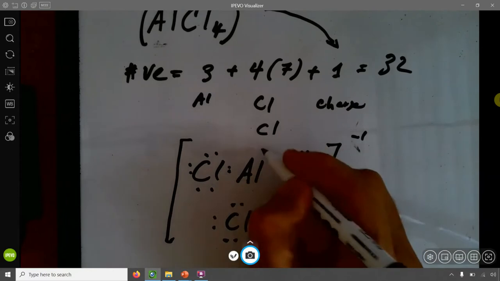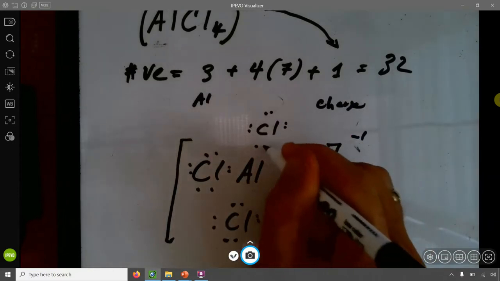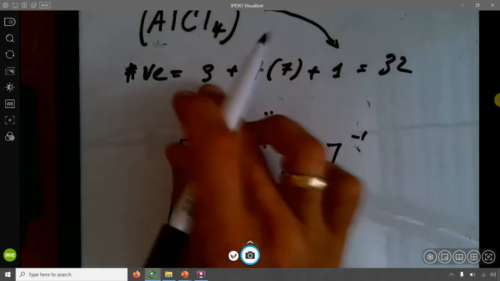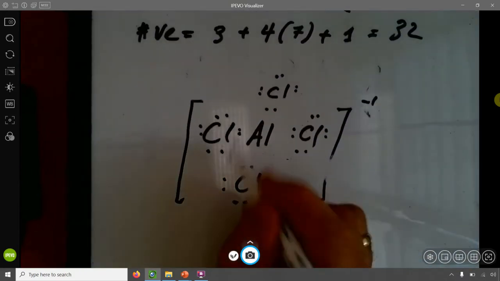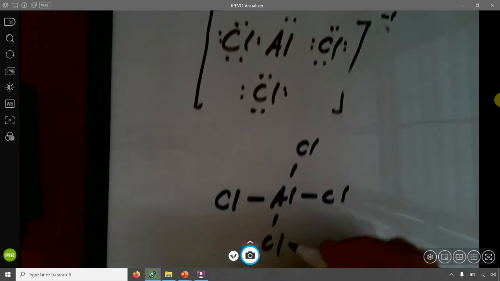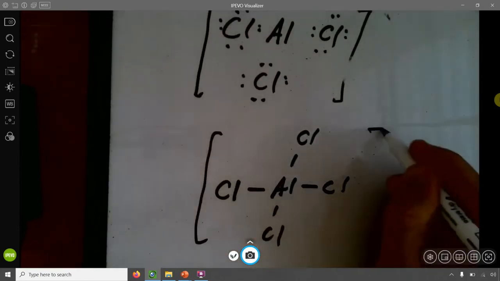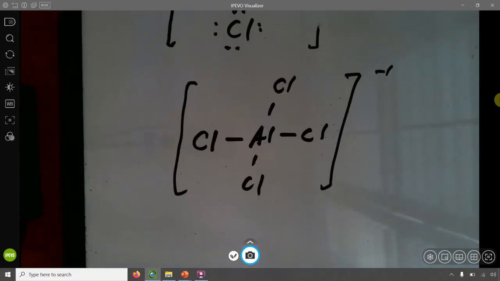Cl. 1, 2, 3, 4, 5, 6, 7, 8. Okay, so I actually distributed all 32, so it's done. So aluminum has 8, chlorines all have 8, and so this actually looks like this: Cl, Al, Cl, Cl, Cl, like this. And this whole thing is in brackets, like that. Okay, now to determine the VSEPR stuff, number of domains.